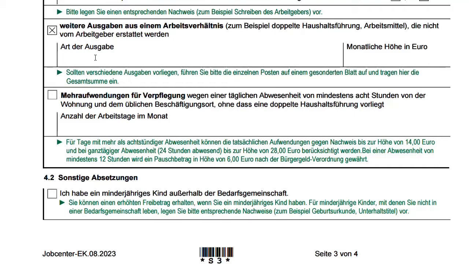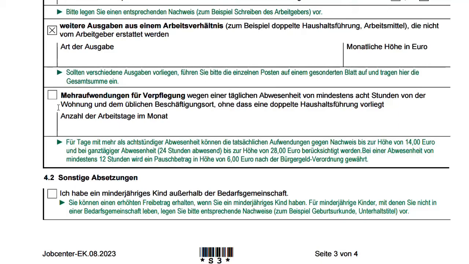Here you write the type of the expenses, and here you write the amount of money he or she spends. If he or she has many expenses, you can use another paper to write them in, and you should send that paper with this attachment to the job center.